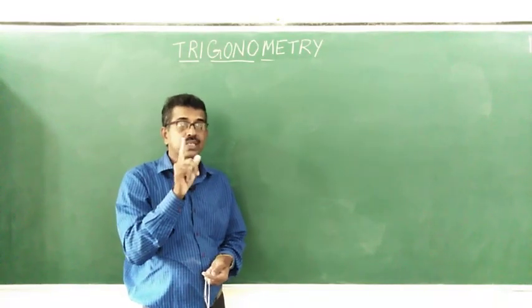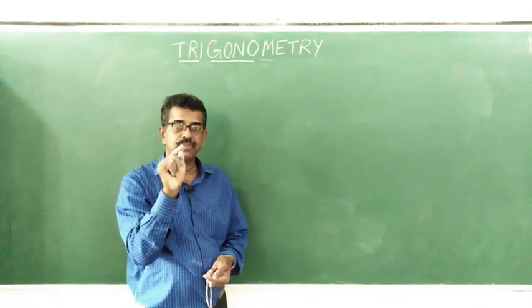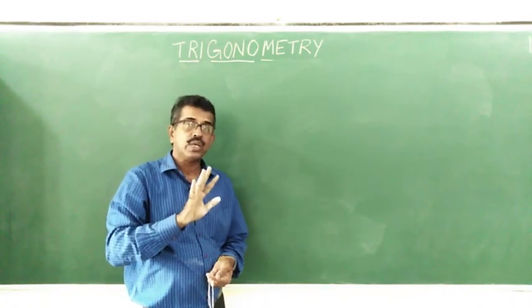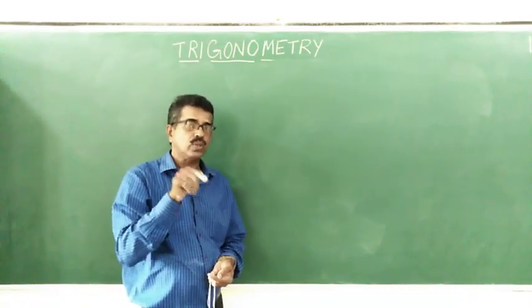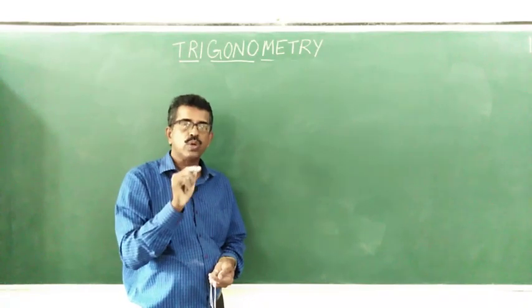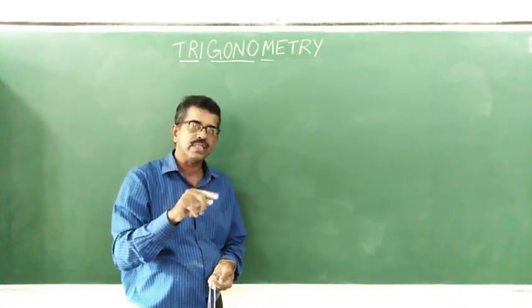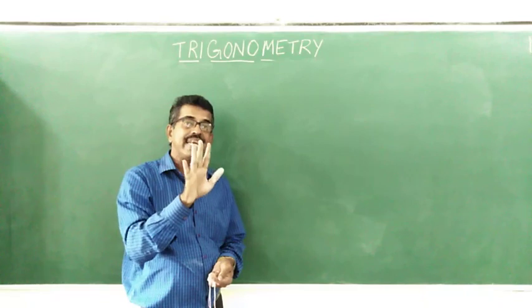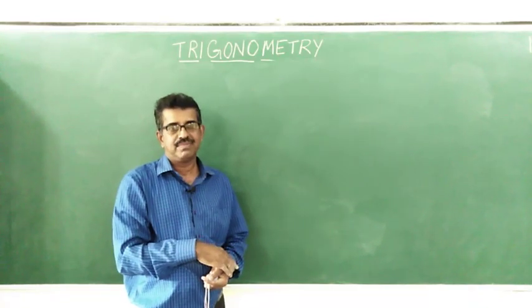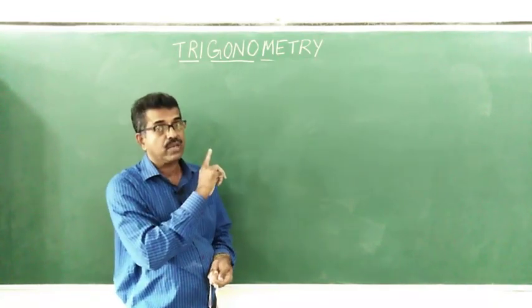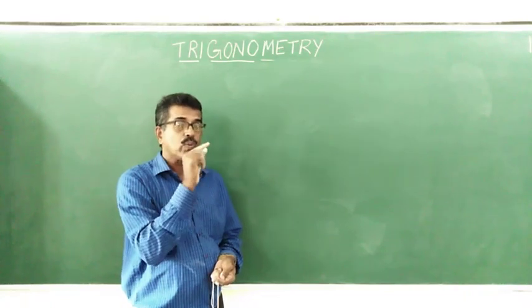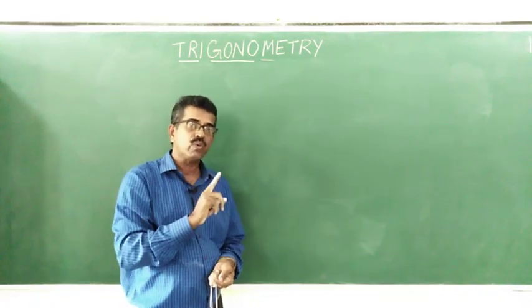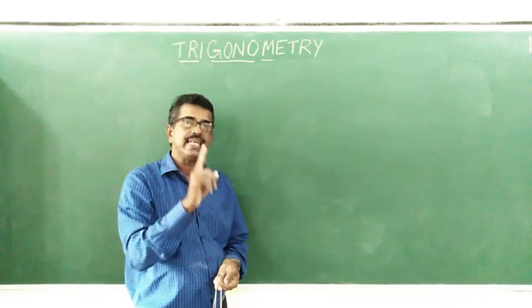According to it, a right angle is divided into 100 equal parts, and each part is called a grade. In the earlier system, we divided it into 90 equal parts and called each a degree. But here, when you divide one right angle into 100 equal parts, each part is known as a grade.